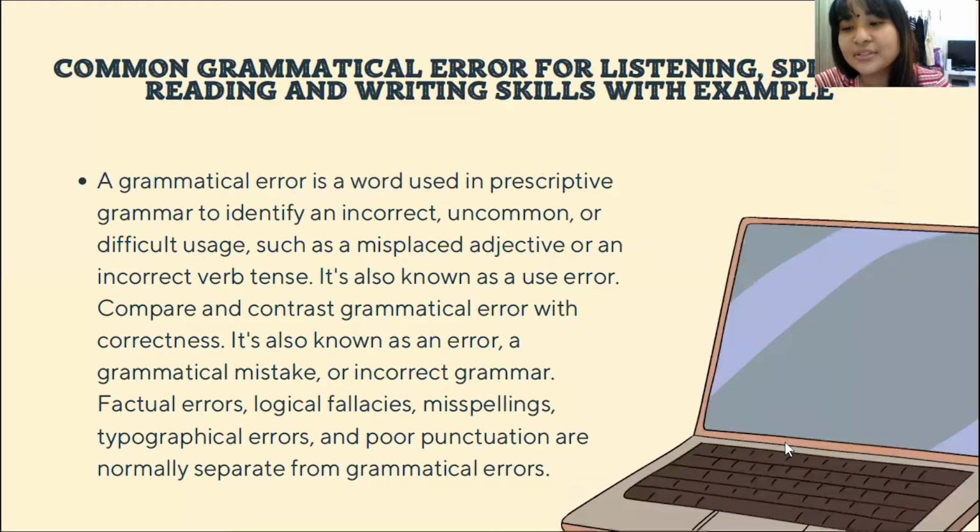So for example, when students talk, they prefer to say girl tall instead of tall girl, boy thin instead of thin boy, and so on. So when speaking in English, this pattern is carried over, resulting in grammatical issues.